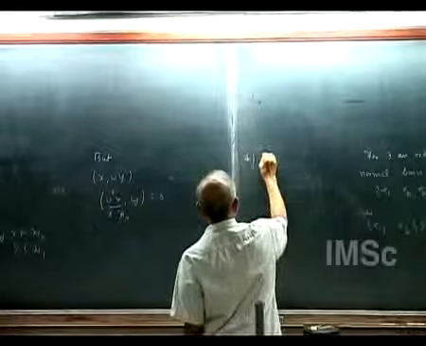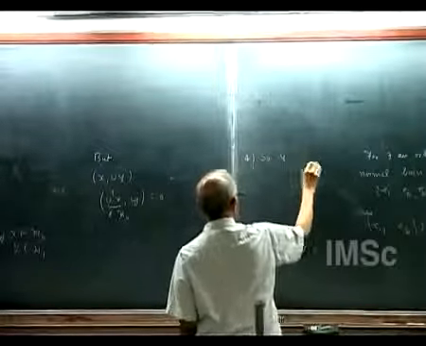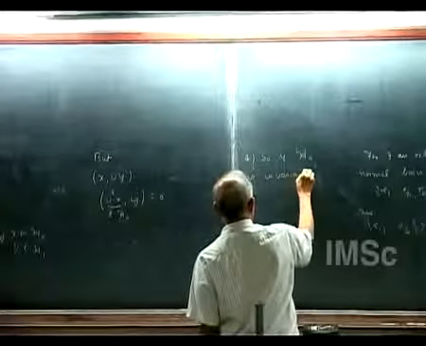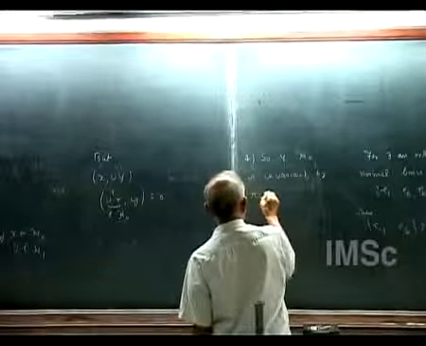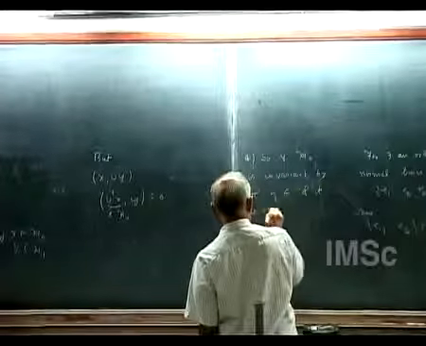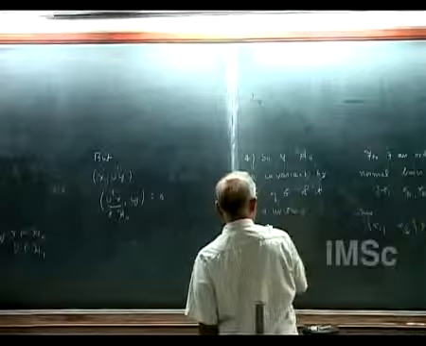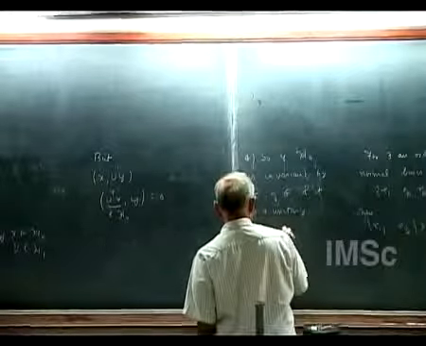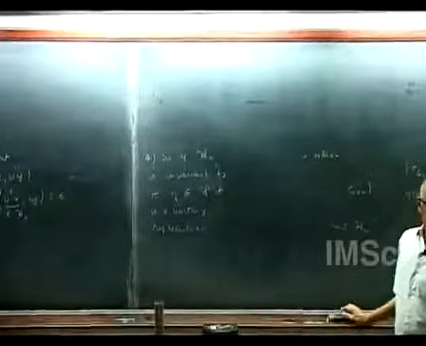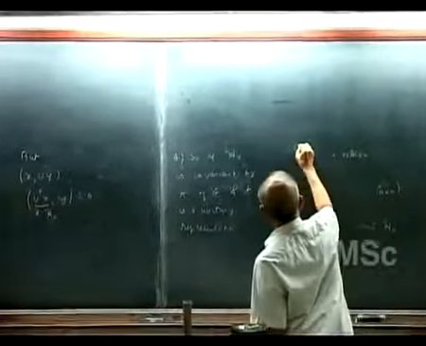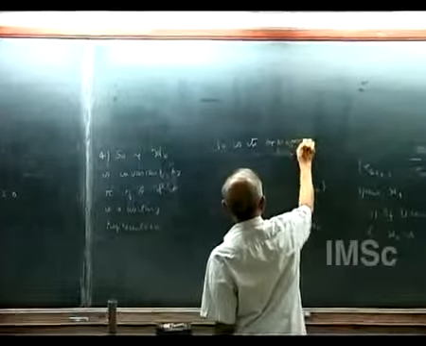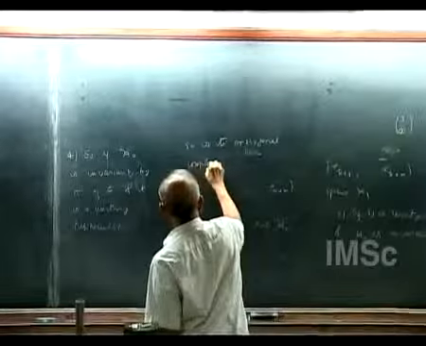Let us say, if there is a subspace H0 that is invariant by the representation pi of G, and it is a unitary representation, so is its orthogonal complement, H1.